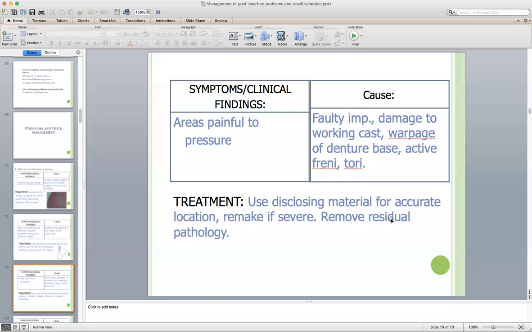Using the disclosing material for accurate location, we paint or spray it on the denture so that we can locate the particular area which is causing pain on pressure, and then that area has to be relieved or the pathology has to be removed.